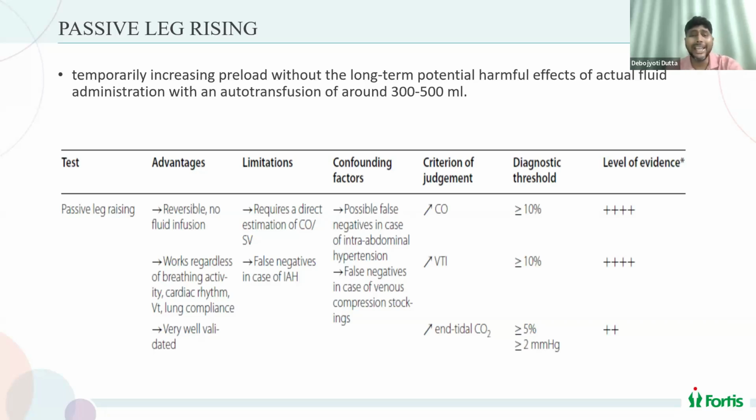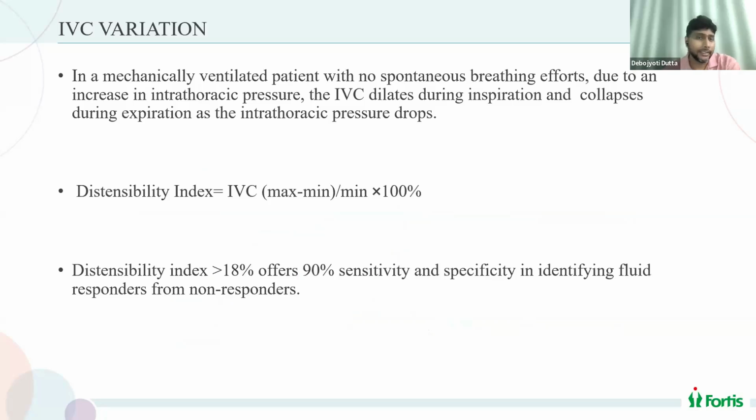It does not depend on arrhythmia, and it is quite safe to do. The only thing, it can be falsely negative in patients with intra-abdominal hypertension, and it is a relative contraindication in patients having other injuries like a head injury. The other thing is we need real-time cardiac output monitoring to assess the effect of the passive leg raising.